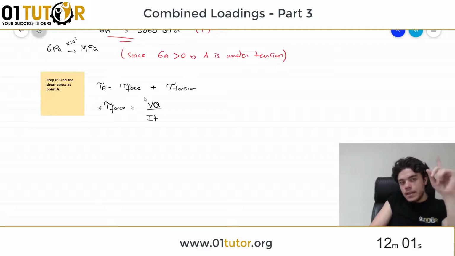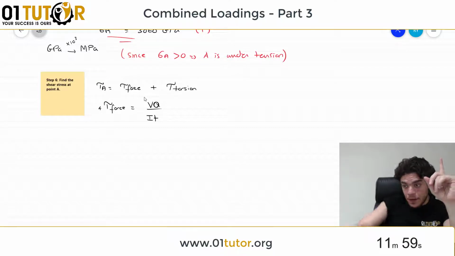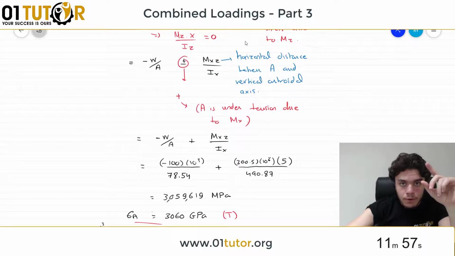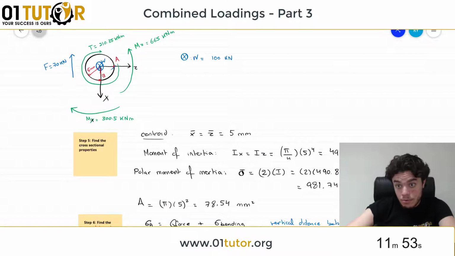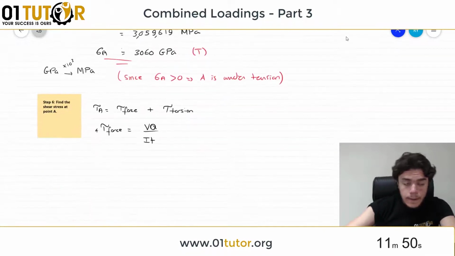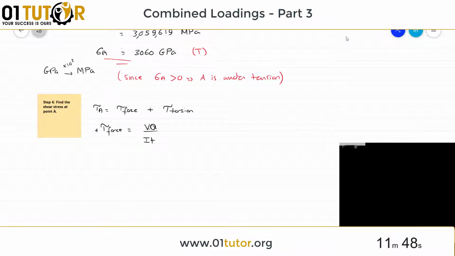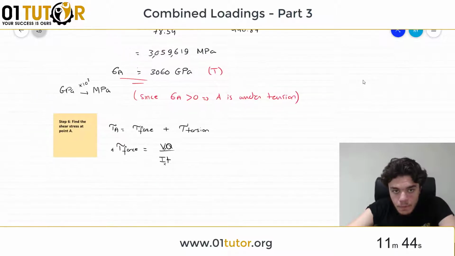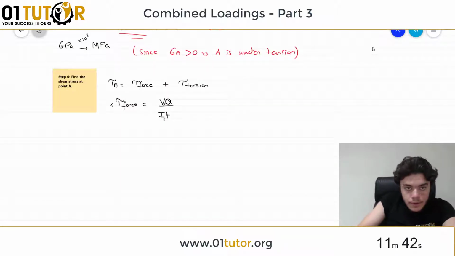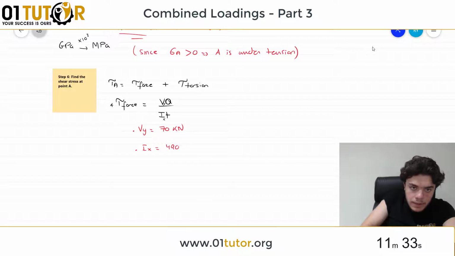Now, since the shear is vertical, because recall in here we have only the vertical shear, which is F equals 70 kilonewtons, it is Vy Q over Ix t. Vy in here is equal to 70 kilonewtons. Ix is calculated to be 490.87 millimeter to the power 4.